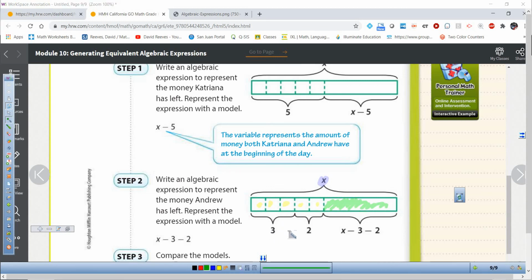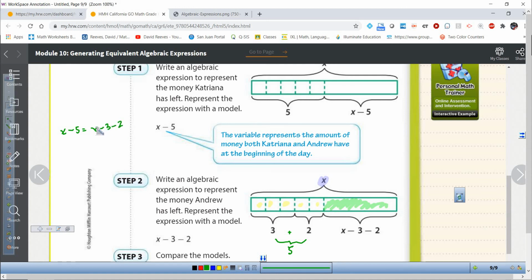But guys, 3 plus 2 is what? 3 plus 2 is 5. So it's actually the same as Katriana. See? 1, 2, 3, 4, 5. 1, 2, 3, 4, 5. Katriana, not Katrina. So they actually had the same amount. So X minus 5, we would say, is equivalent to X minus 3 minus 2.